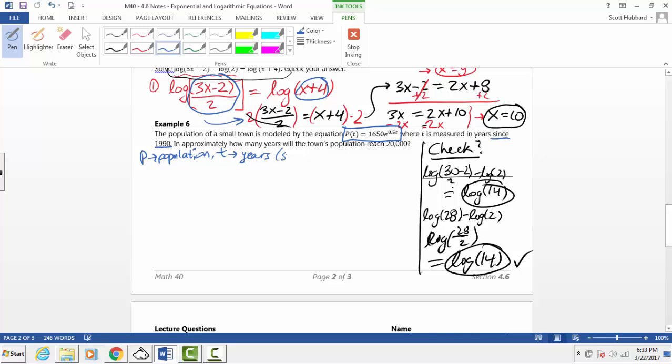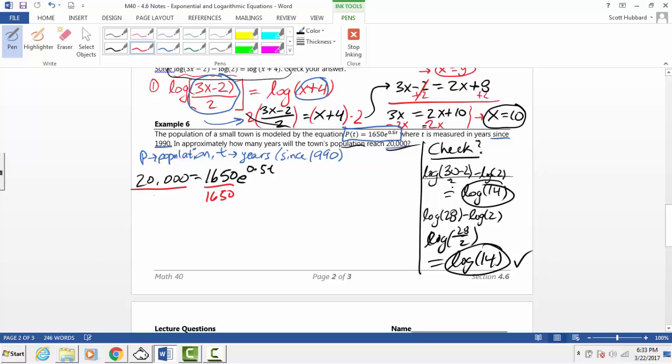So always label your variables. That helps you. So it wants to know how many years until the population reaches 20,000. Okay, so let's take a look. So this is P equals 20,000, and so we're just going to set 20,000 equal to the model, 1650 e to the 0.5t.